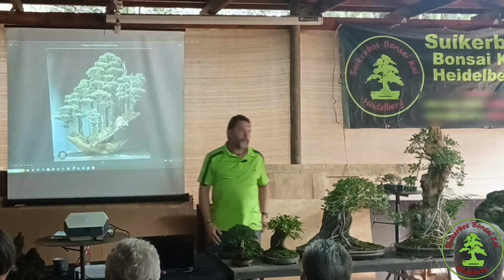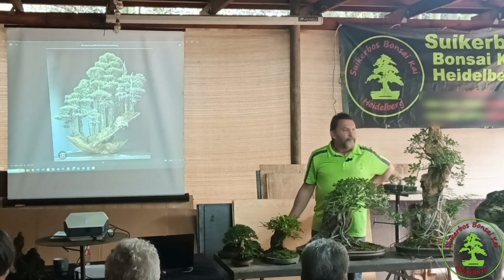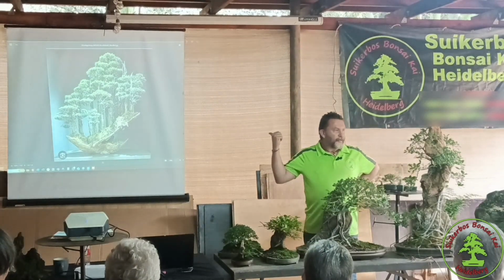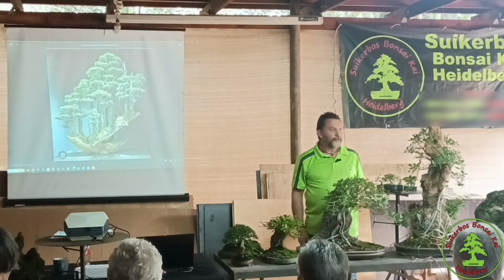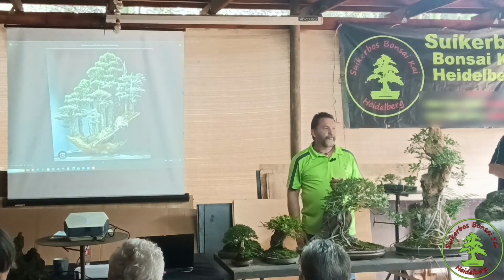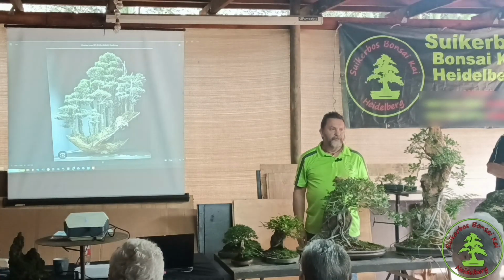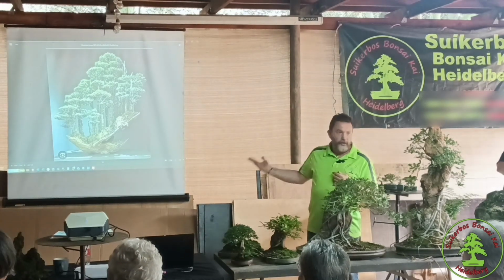I don't know. It might be natural. They might be made. I saw this thing in Japan. I'm standing next to it, but I can't remember if it was made or not. But there you've got the whole picture in a pot. You've got your groups, you've got your rocks, you've got your landscape.